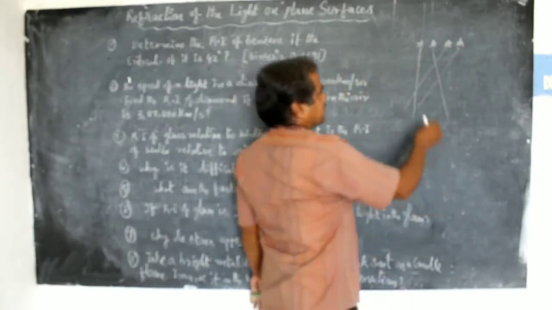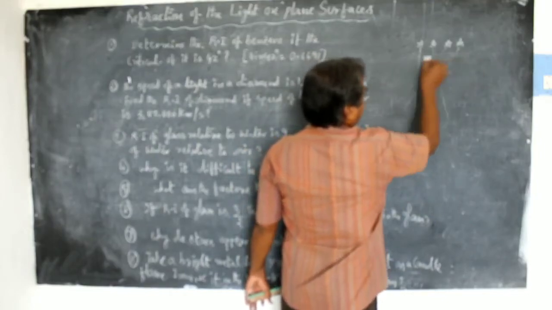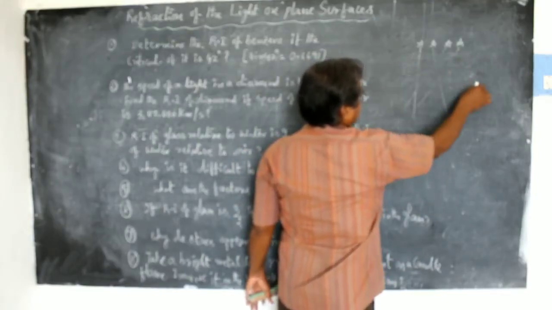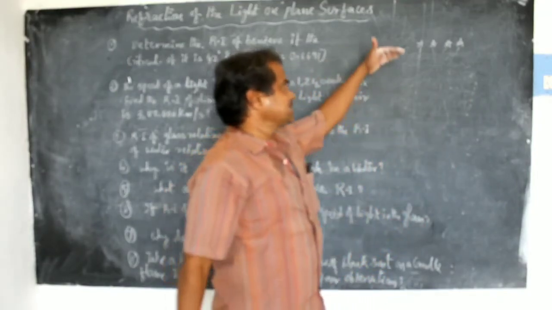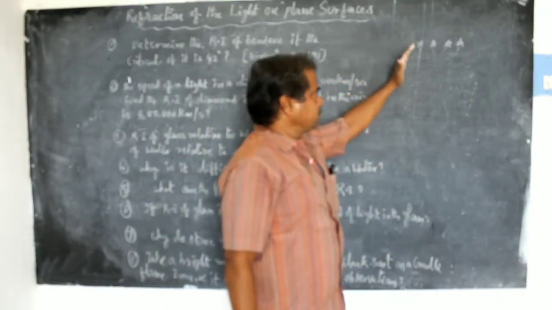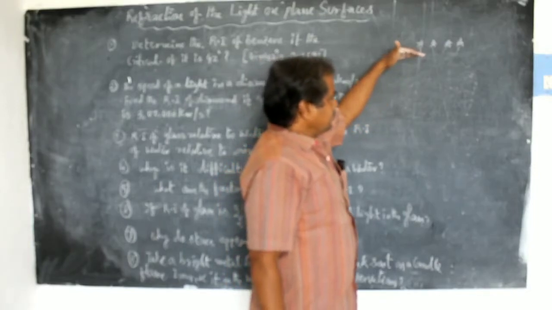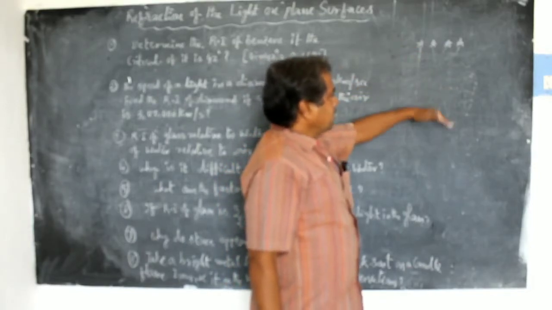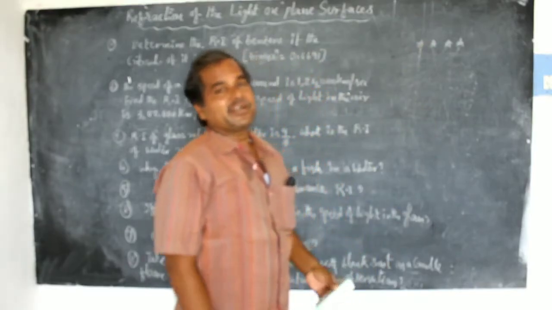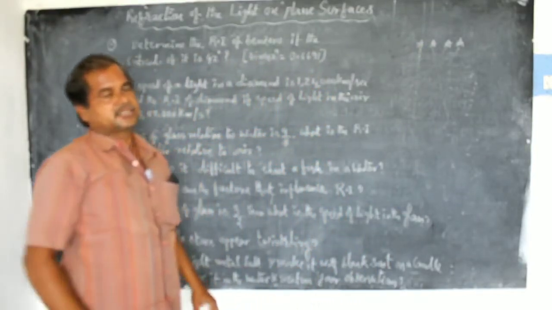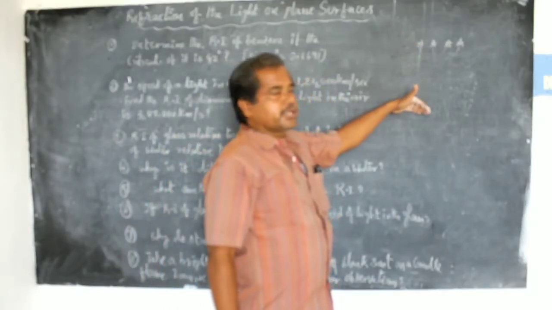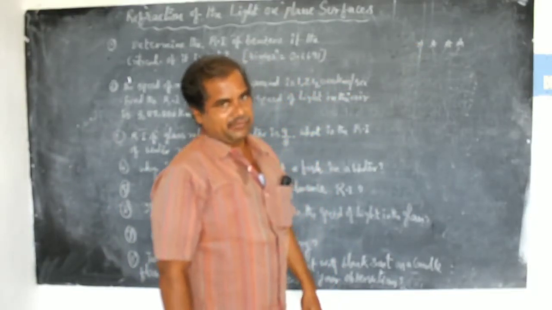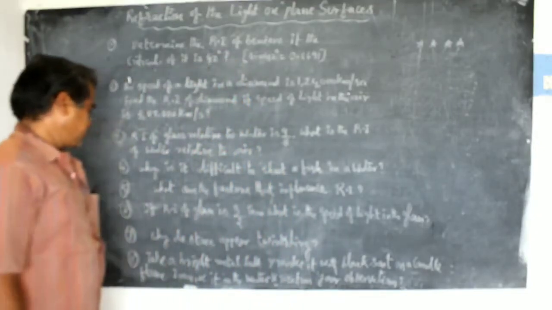The air is existing between the stars and the earth, and the air between earth and stars has different densities, so the light rays which come from the stars to the earth get multiple refractions. That is the main reason.